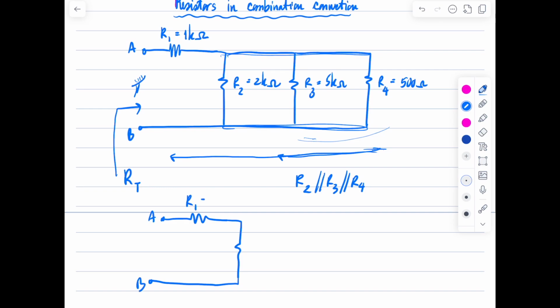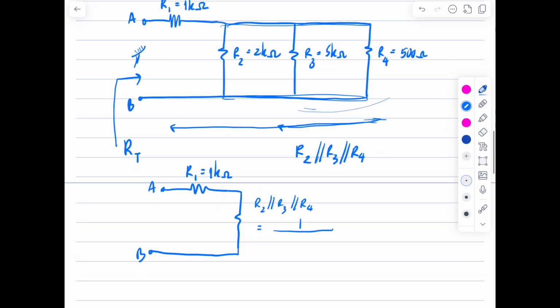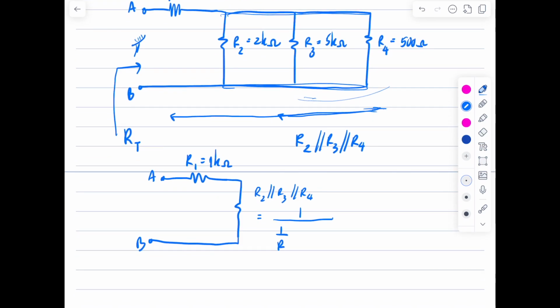This is R1 equal to 1 k ohms, and this is R2 parallel R3 parallel R4, which is equal to 1 over 2 k ohms plus 1 over 5 k ohms plus 1 over 500, which is equal to 370 ohms, or 0.37 k ohms.